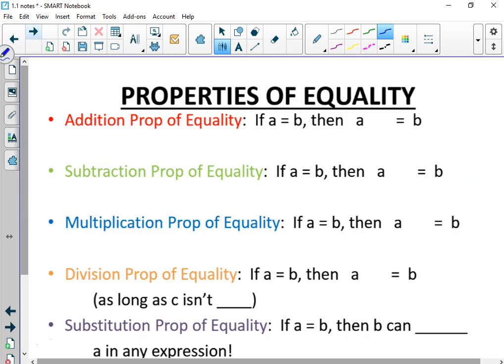All right, properties of equality. Keeping everything equal, keeping everything the same. So the addition property of equality: if A equals B, then A plus C equals B plus C. In other words, if we add one thing to one side, we have to add the same thing to the other side.